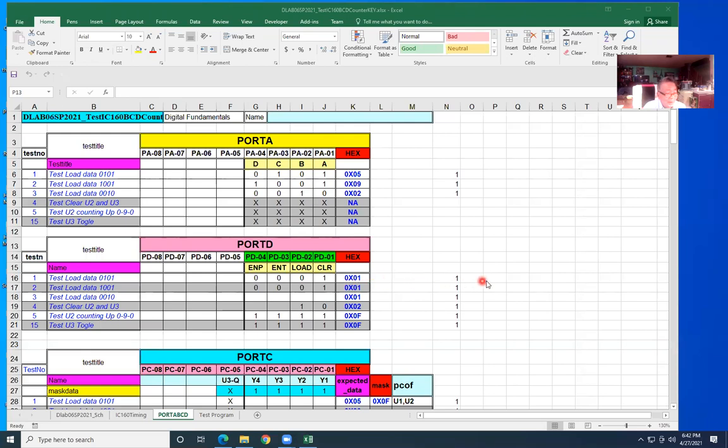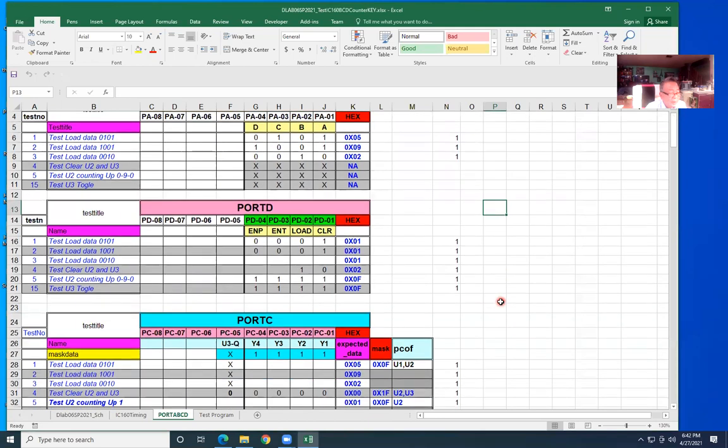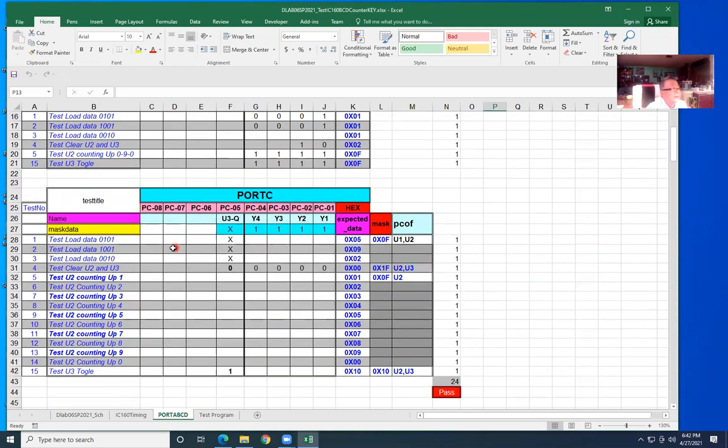Then you have to apply the clock, right? That is test number 1. Then when you're going down, for test load 0101, you want it to be 0101, 0x05.